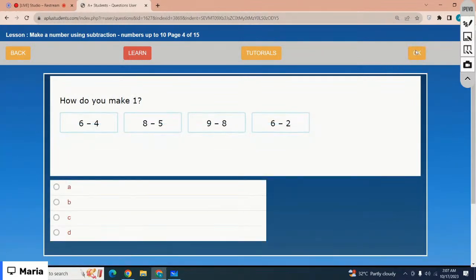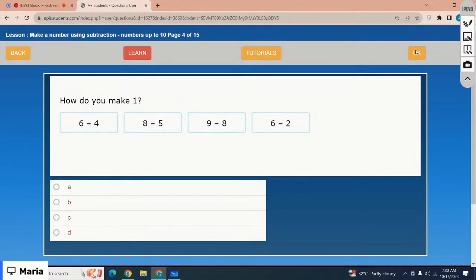Okay, how do you make 1? So you are given 4 options. You need to select the one that makes 1. So which is the correct option? The only option, very good.